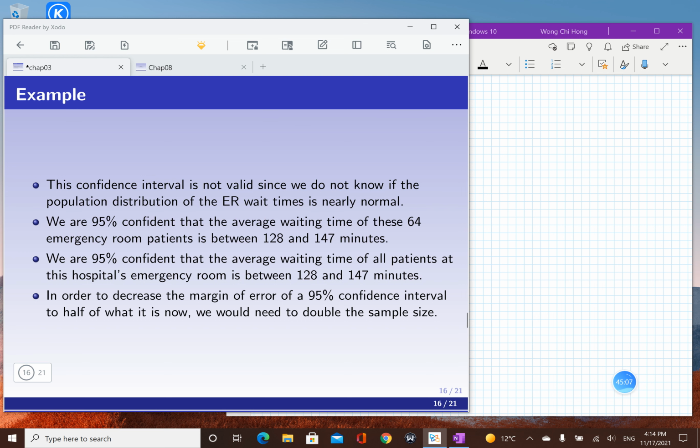Okay, so suppose I would like to have the interval to a better accuracy. I would like to be 95% confident again, but with a smaller interval here instead of this one.